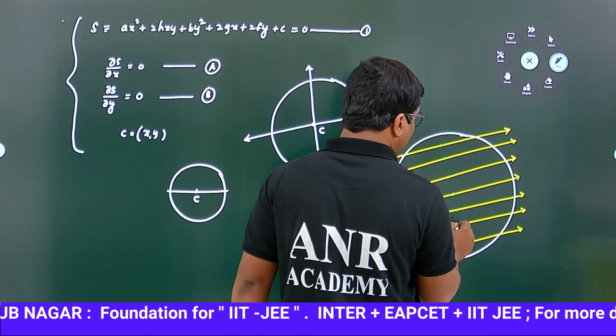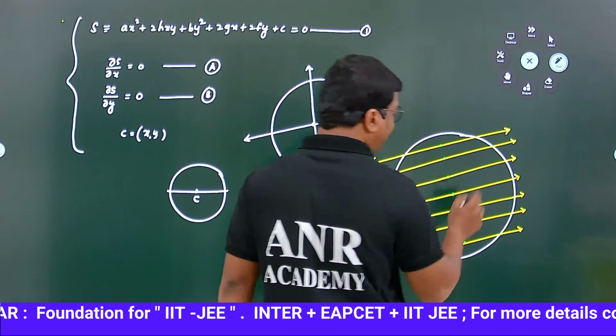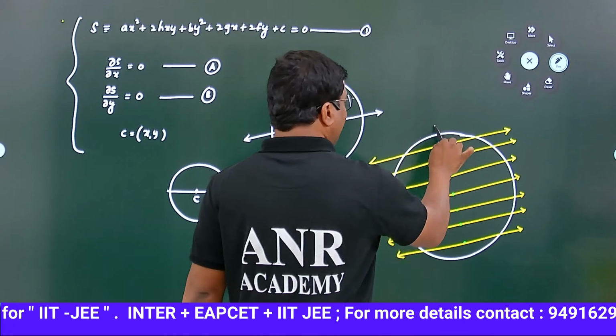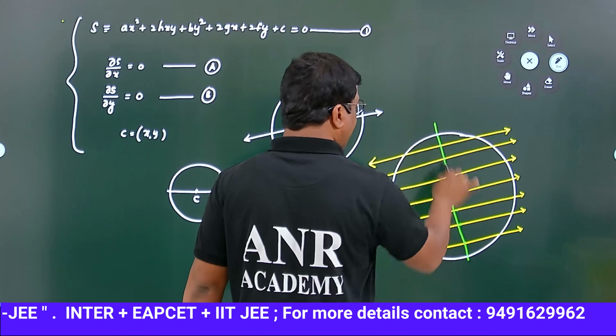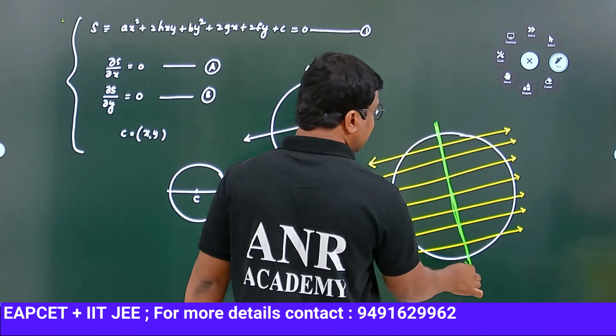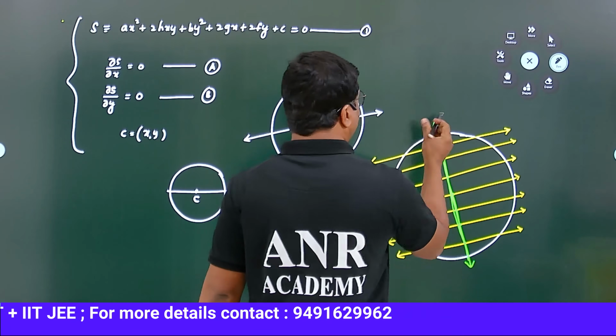So now let us observe the path of middle points. By joining all of these middle points, you will get a line, right? This is known as a diameter of the circle.